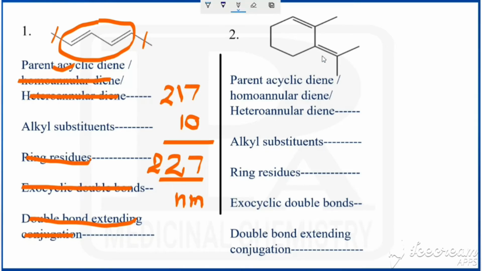Now we'll see the next one. So this is the next structure. What is our first step? We have to find the parent. So is it acyclic, homoannular or heteroannular? This is an acyclic one, so the parent is acyclic diene, same as before.